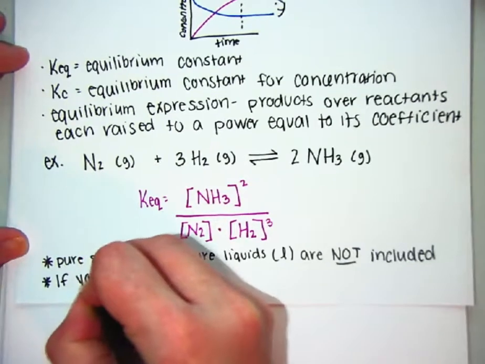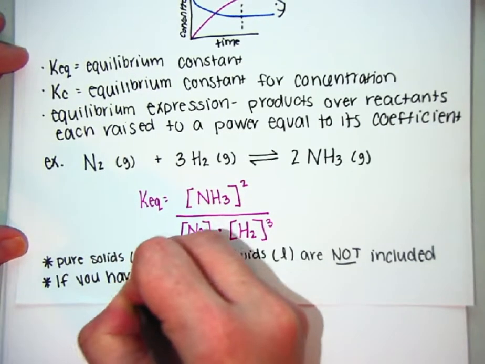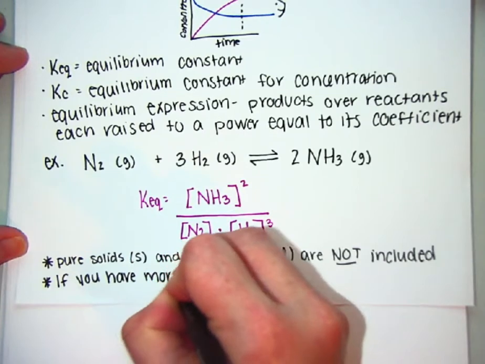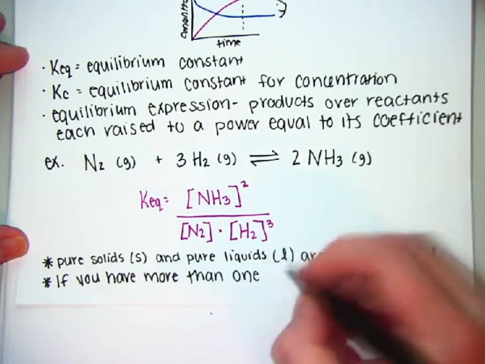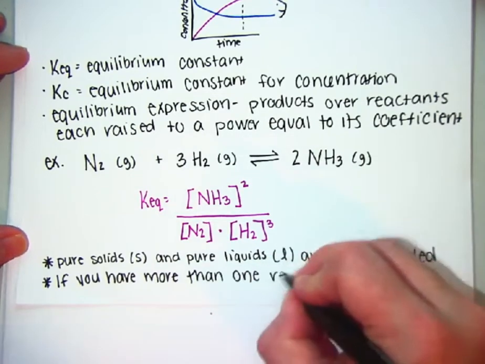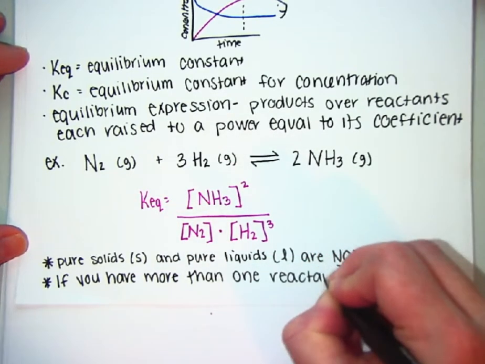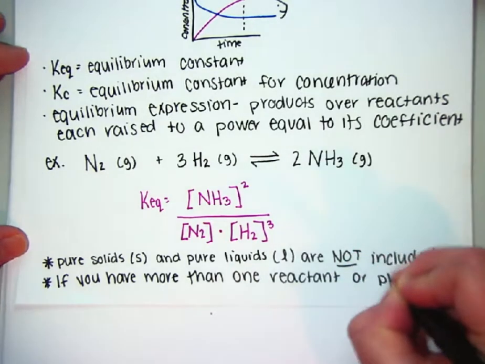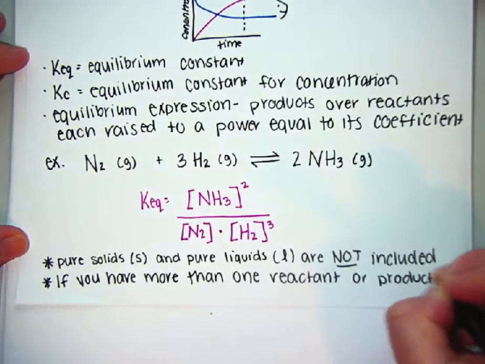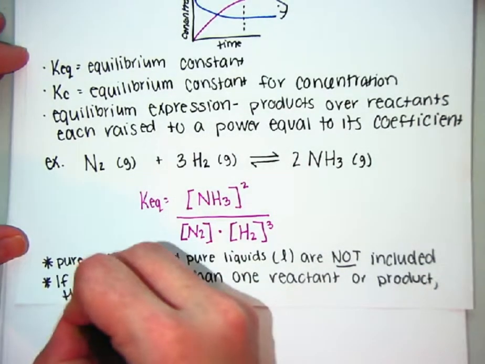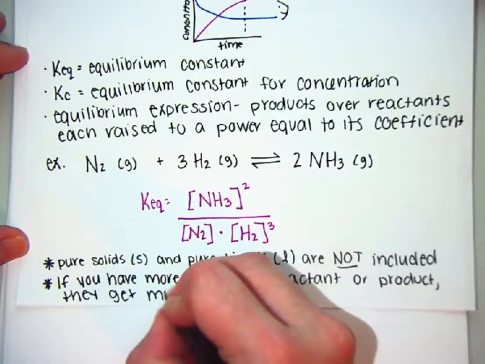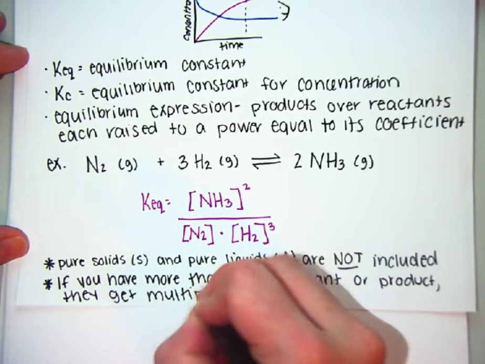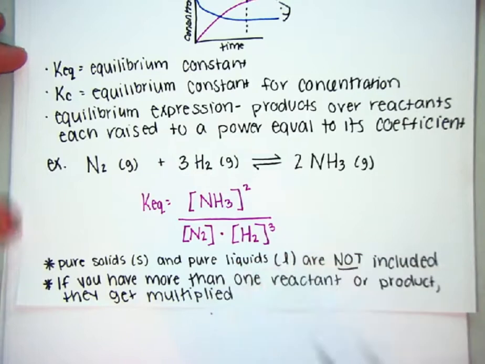If you have more than one reactant or product, they get multiplied. So keep that in mind because that is a mistake that I commonly see.